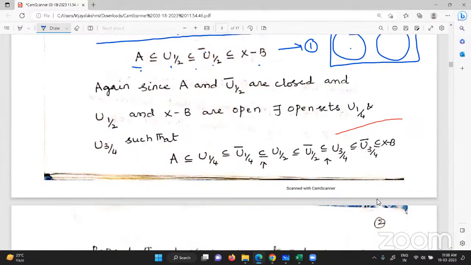Again, you have A and U half bar are closed sets, because U half is open, its closure is a closed set.